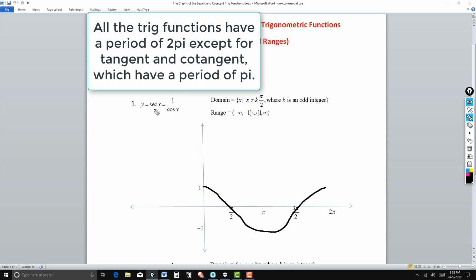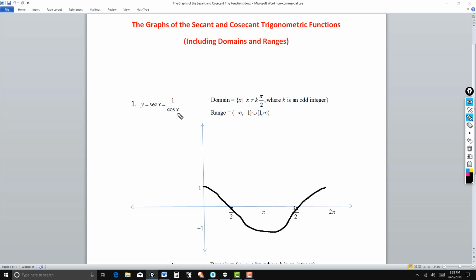Now if we look at secant of x, it is 1 over cosine of x. Just like with rational functions, typically rational functions have vertical asymptotes for values that make the denominator 0, but not the numerator. We had mentioned when we looked at the graph of cosine that the graph of cosine crossed the x-axis at odd multiples of pi over 2.